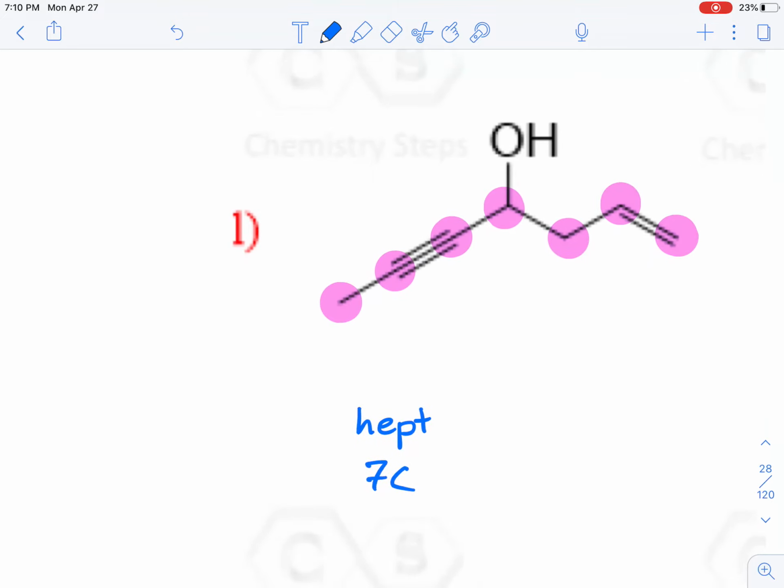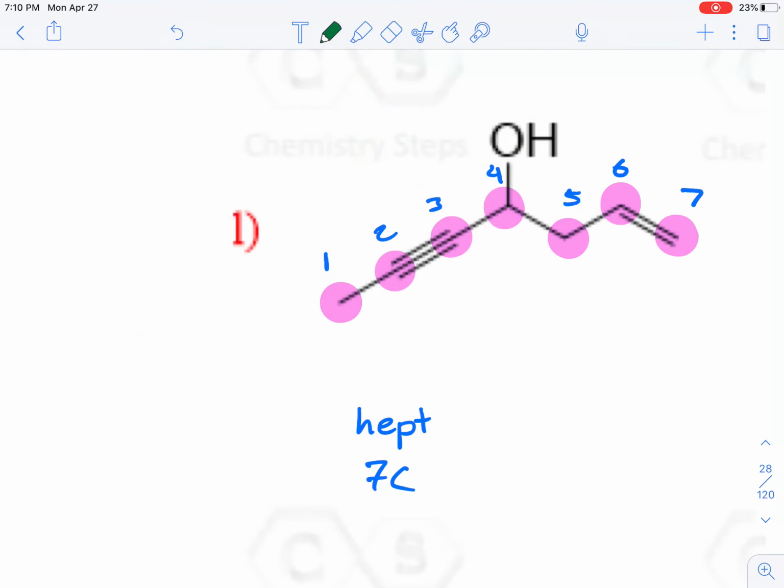Okay. And so I need to figure out my numbering scheme such that I will get a lower number for my alcohol. So let's go left to right, then right to left. 1, 2, 3, 4, 5, 6, 7.